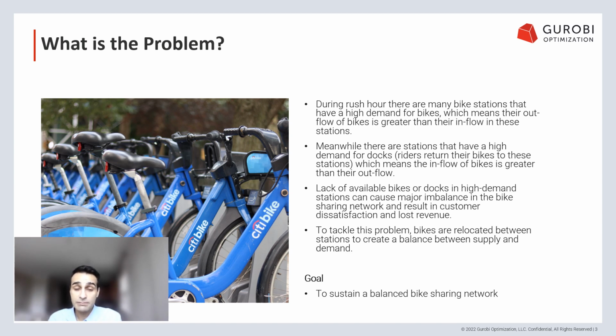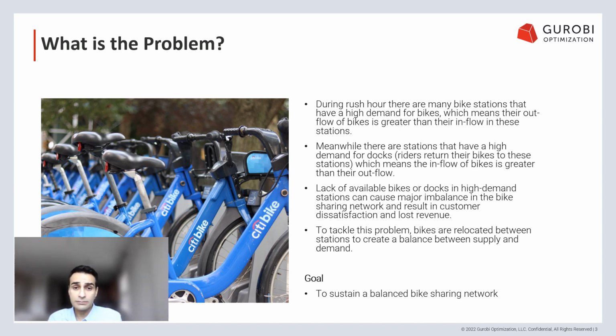And if there is an imbalance, several problems can happen. Again, maybe you as a user have experienced it yourself. You want to return your bike, but you don't see any empty dock. Or you go into a station and you want to take a bike, but there is nothing available for you.